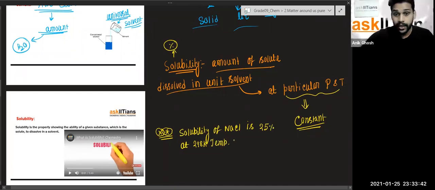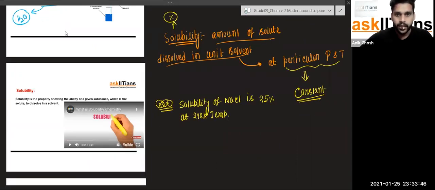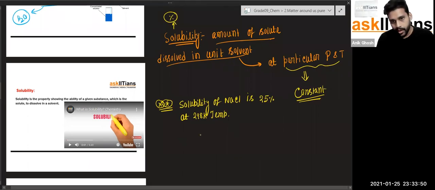What do you mean by that? Whenever you see this type of question, I think you got it. What does it mean? It means that 25 grams of NaCl can be dissolved in 100 grams of solvent.